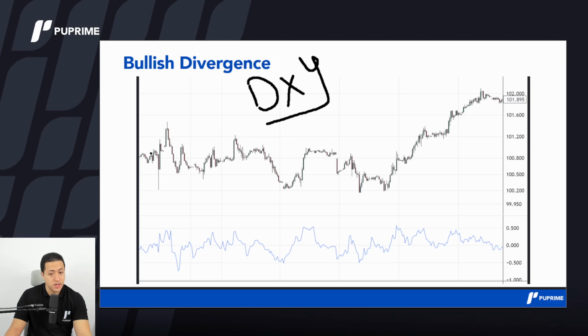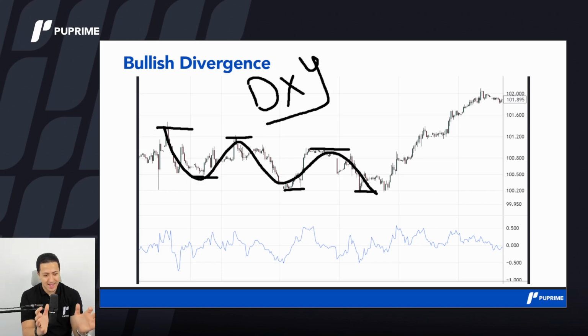What's happening here is that prices are slightly moving lower because this high is lower than the previous high, lows are slightly getting lower. So it's a downtrend, a slight, very slight downtrend, right?